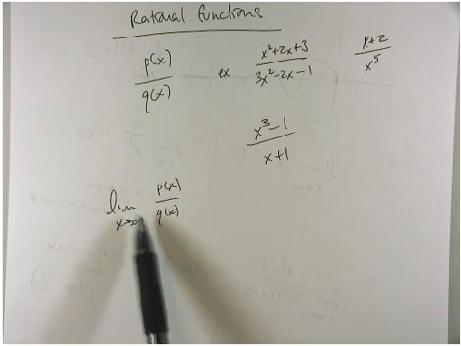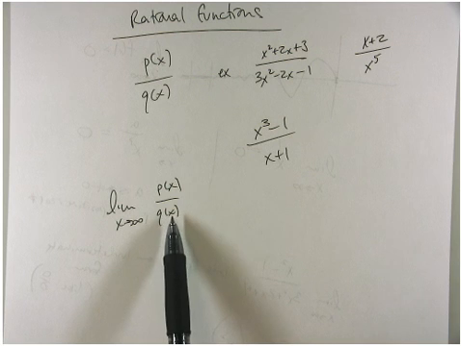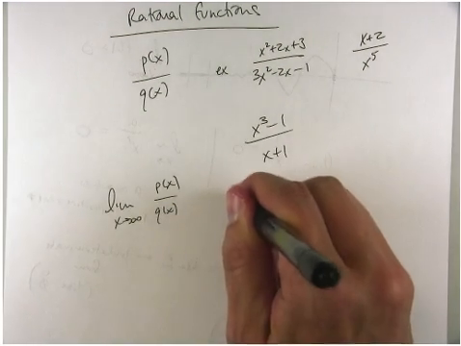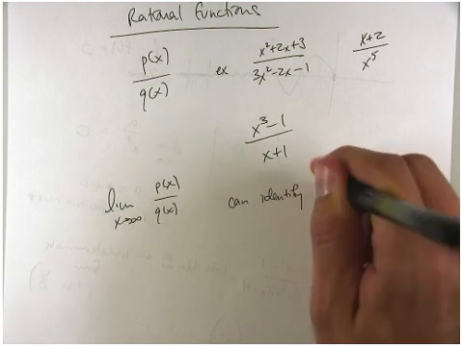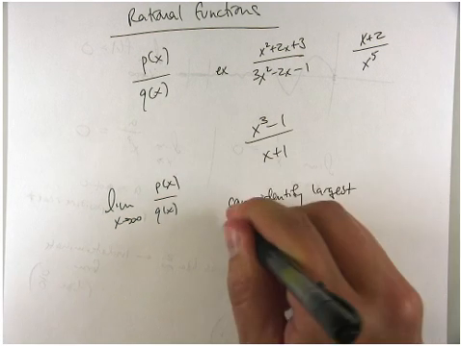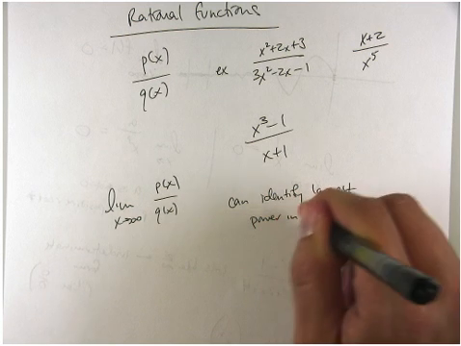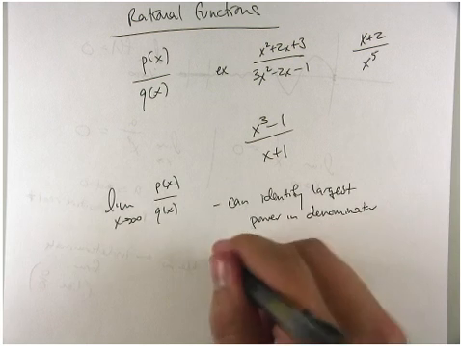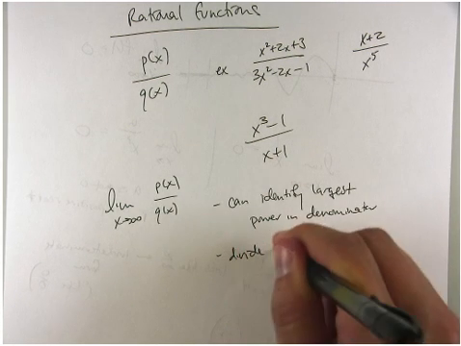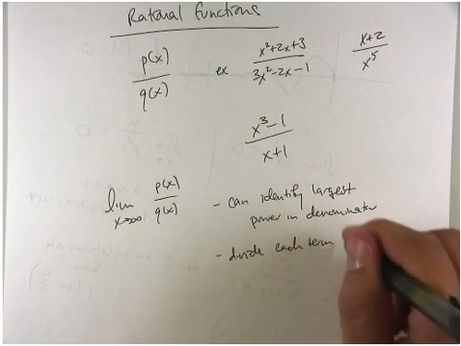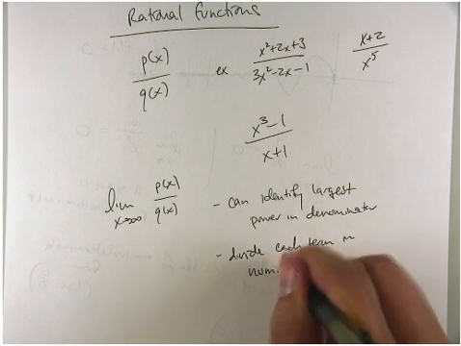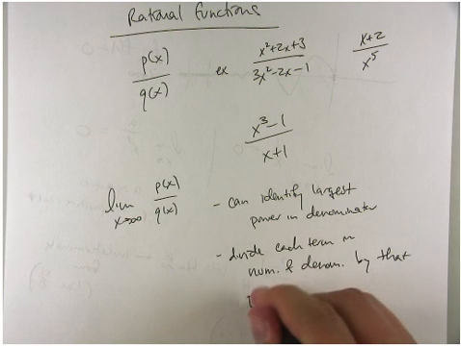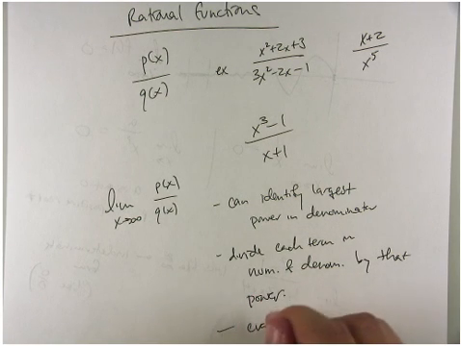Whenever you have an infinite limit of a rational function, you can employ that previous technique, right? You can identify the largest power in the denominator, divide each term in numerator and denominator by that power, and then evaluate the limit.